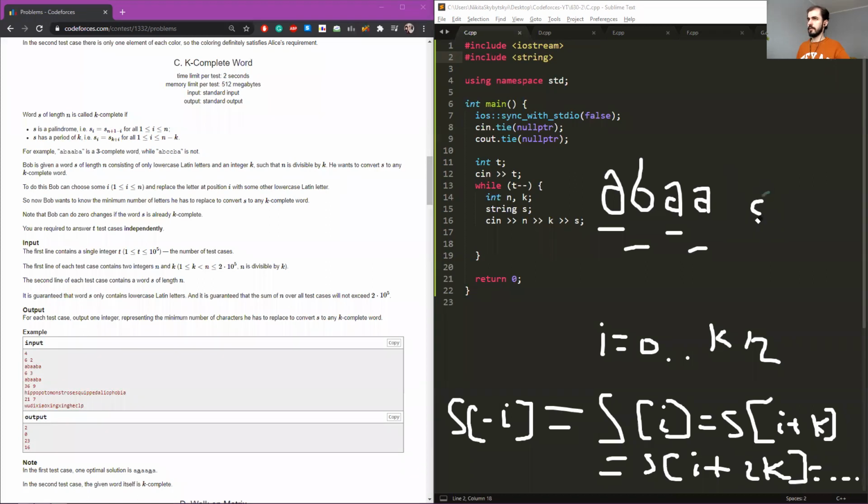Something like that should be sufficient, and we just optimize several strings separately. How to get them to the same character? Well, we can select the most frequent one, right? Okay.